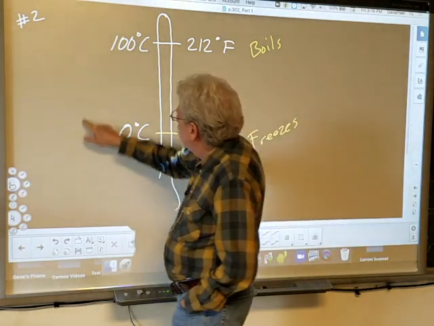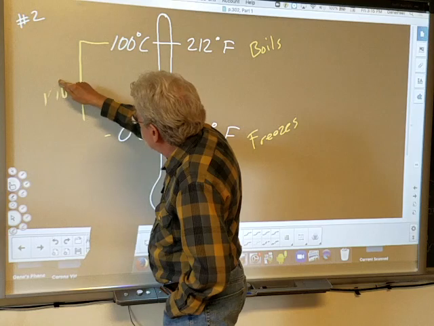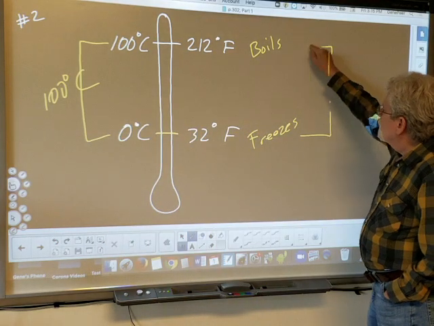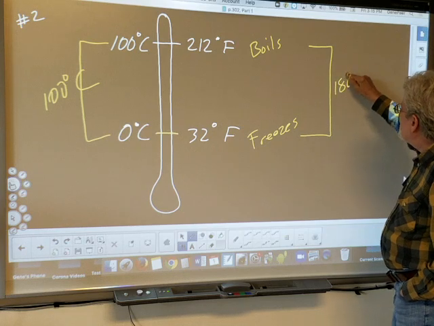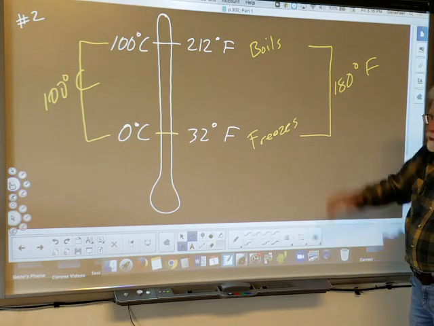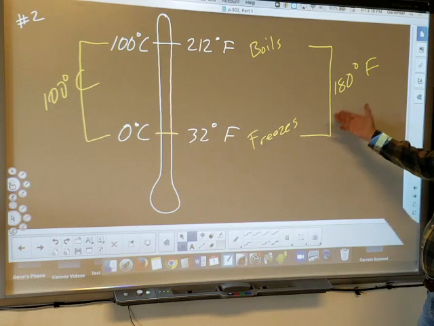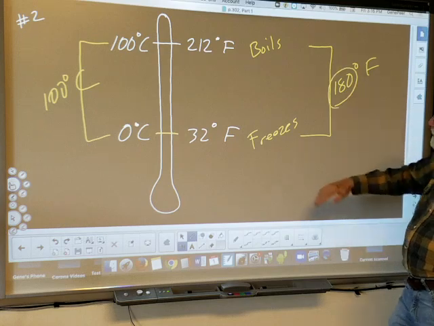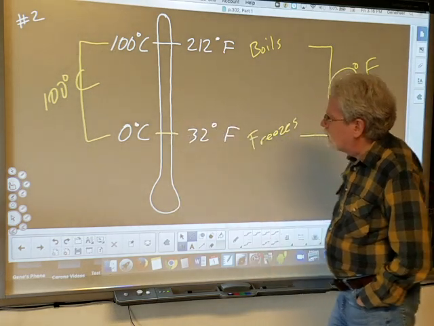So from here to here we have 100 degrees Celsius. But from here to here we have 180 degrees Fahrenheit, from 32 to 212. So what's that tell you? It tells you that the Fahrenheit degrees must be smaller because there are more of them packed into this space here on the thermometer.